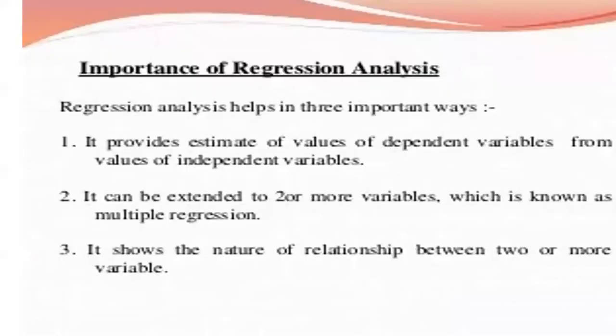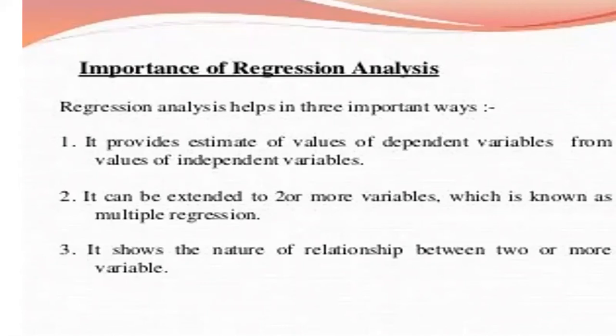Now let's understand the importance of regression analysis. Regression analysis helps in three important ways. First, it provides an estimate of the values of the dependent variable from the values of the independent variable.